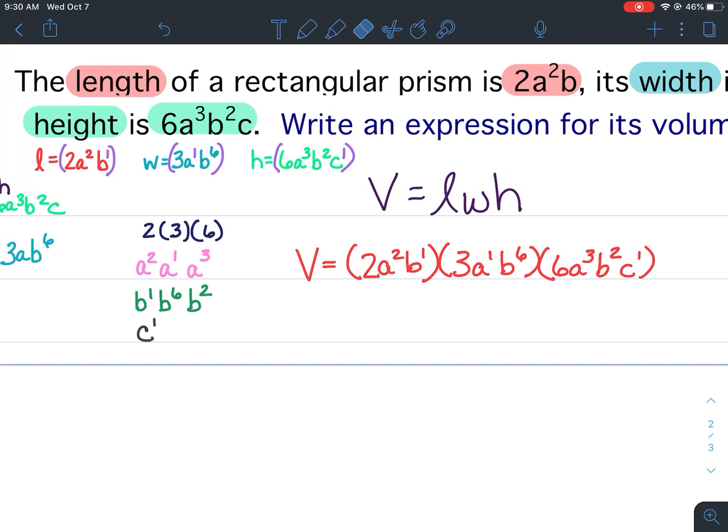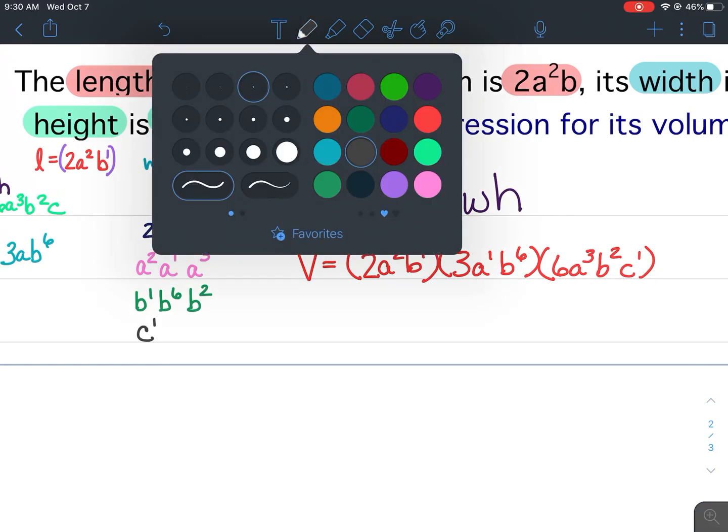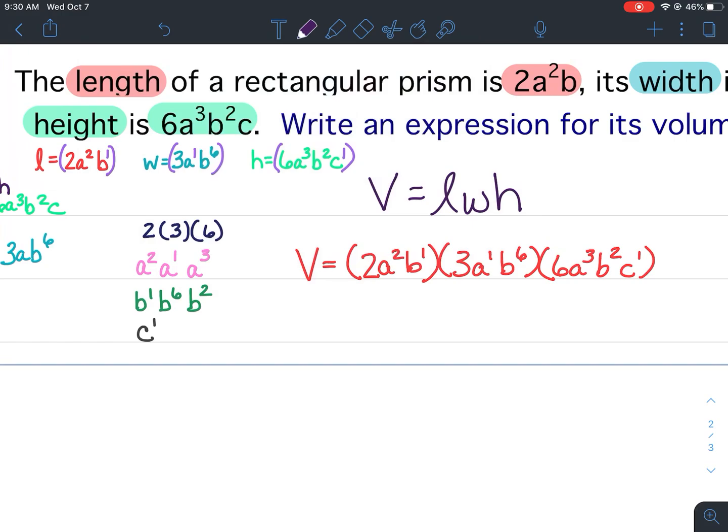Okay. Now we're ready to multiply the coefficients. So 2 times 3 is 6. 6 times 6 is 36. Now we're going to multiply the variable terms by adding the exponents.